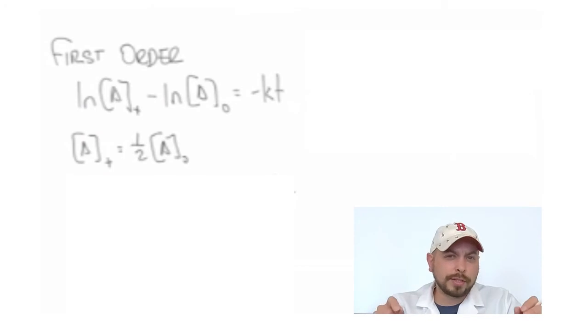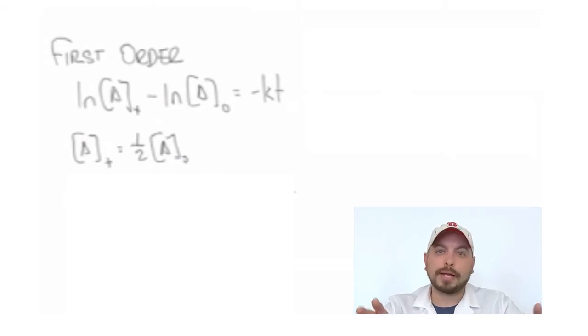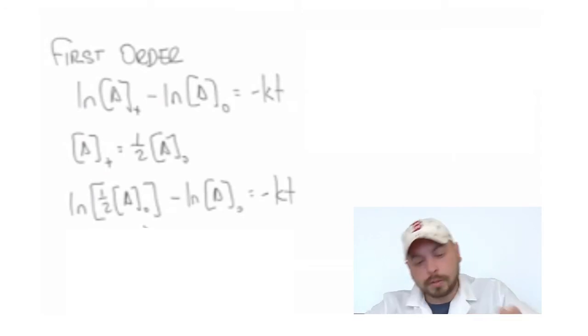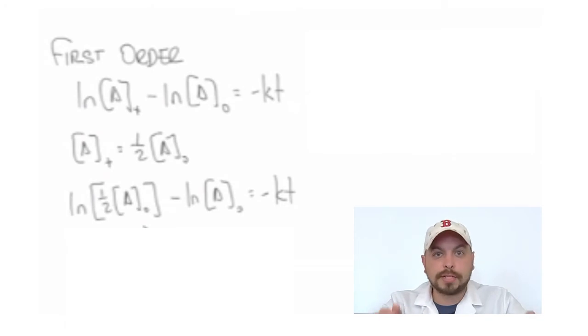Now, if we look at this complicated equation, one thing you might notice, hopefully, is that one of our log rules plays a role. Now, if you remember the log rule where it's subtracting logs, the natural log of x minus the natural log of y is equal to the natural log of x divided by y, which means we can actually do that here.